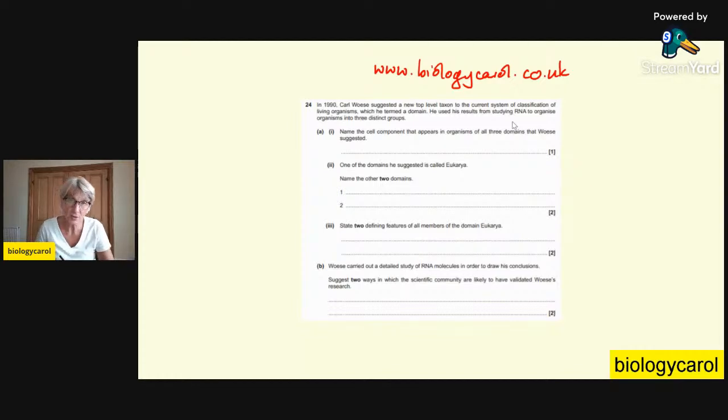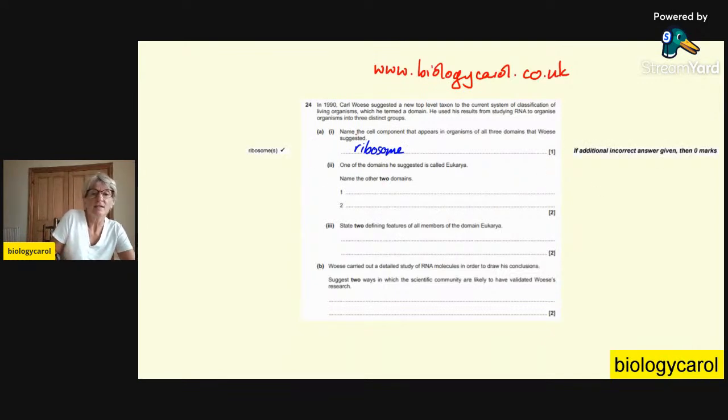Well, it can't be the nucleus, because you've got a whole set of organisms, the prokaryotes, that don't have nuclei. The only other component which is present in all cells that contains RNA is the ribosome. So this is an application question, expecting you to remember that ribosomes are made up of RNA, fundamentally made up of RNA and a little bit of protein. So it is the ribosome.